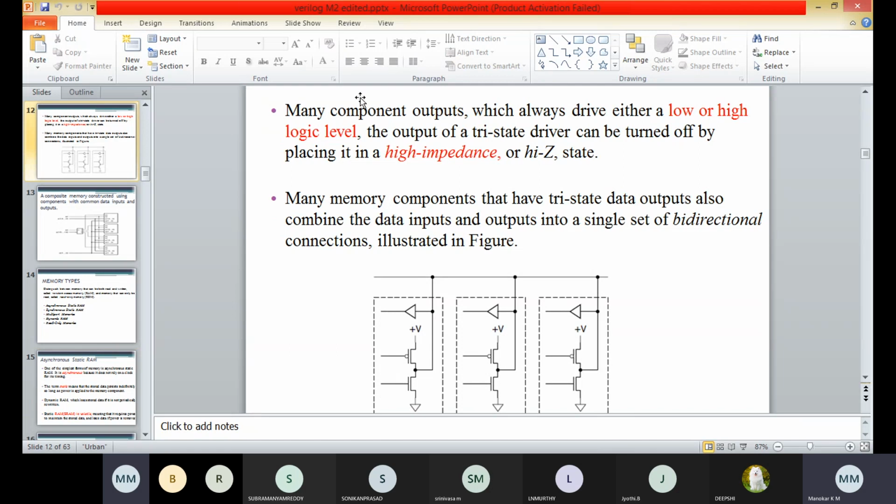Many memory components that have tri-state data outputs also combine the data inputs and outputs into a single set of bidirectional connections, as illustrated in this figure.